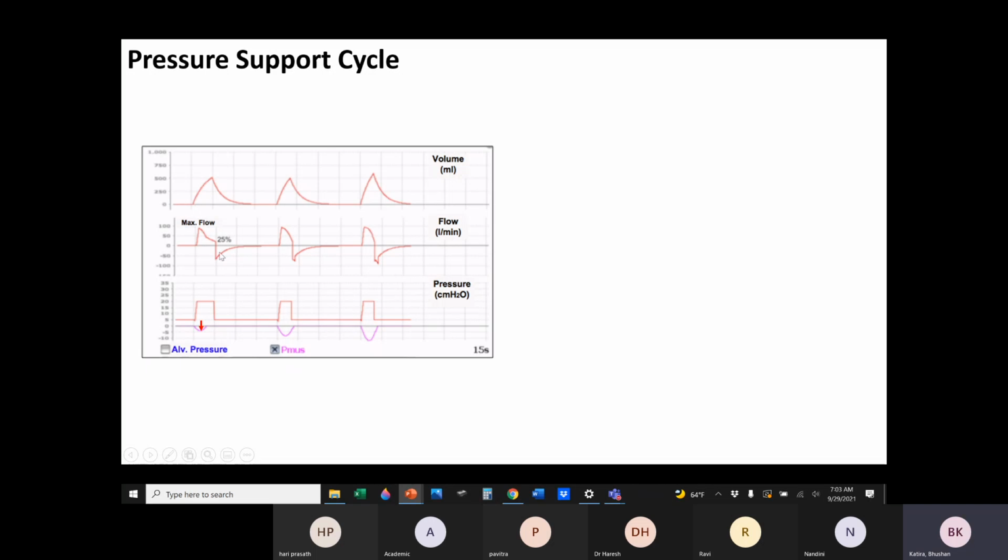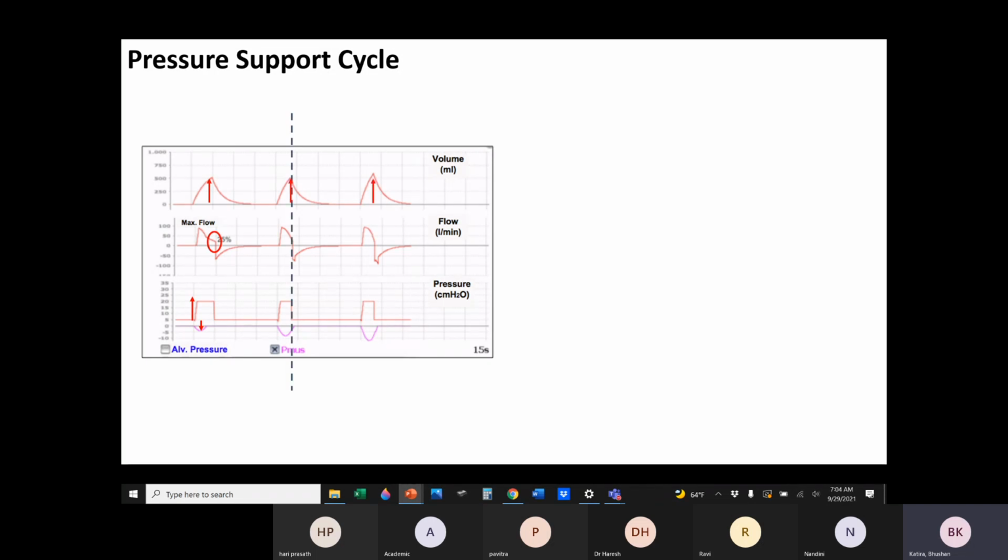If the peak inspiratory flow is higher, the cycling will be at a higher flow. So because the peak inspiratory flow is determined by patient effort, the cycling is said to have been determined by patient effort. However, the caution here is that if you set a pressure support significantly high that it will suppress the patient's effort, then it actually behaves like pressure control ventilation, and it does not have many significant advantages. But it is a very good spontaneous mode, available in all ventilators.